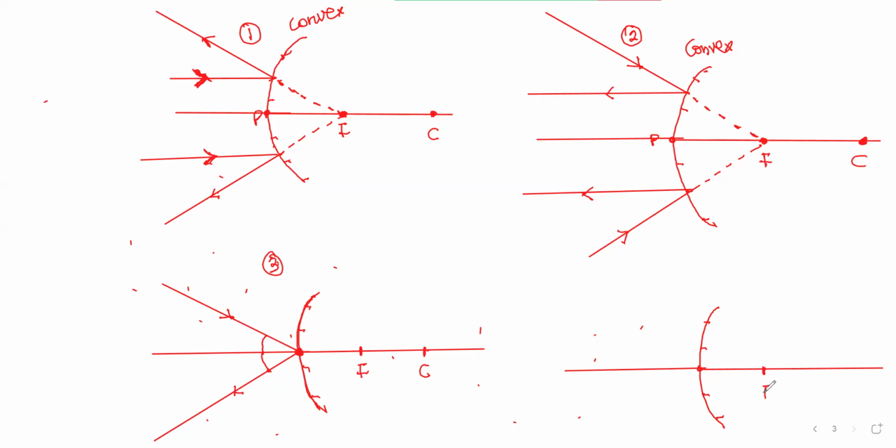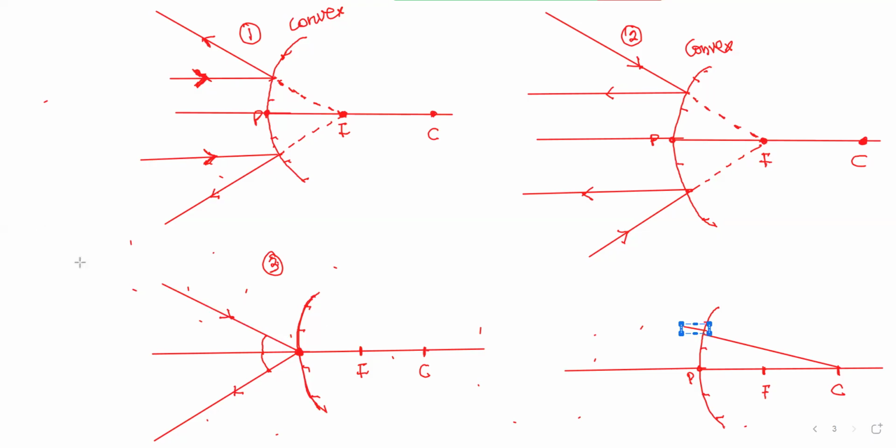F is here, P is here, C is here. Now here, the ray, when it hits the mirror at 90, must pass through or appear to pass through C. Appears to because C is virtual. The point C for convex mirror is virtual.